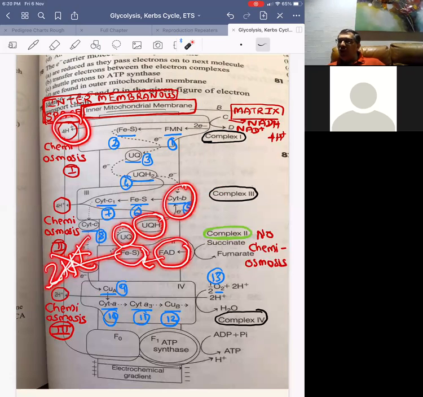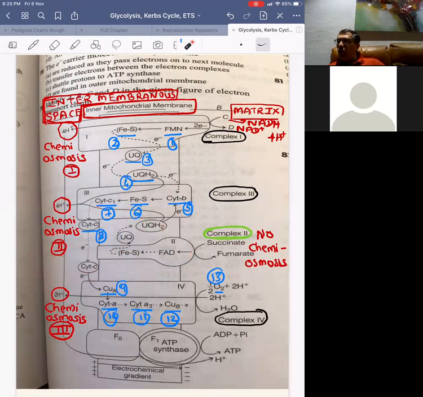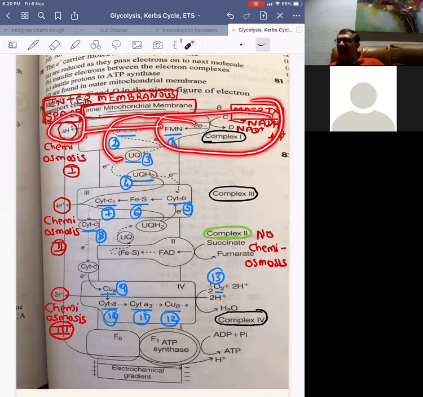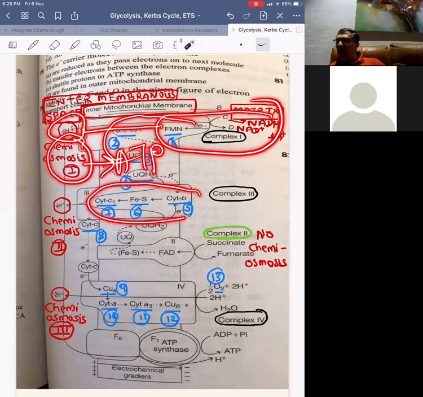अगर प्रोटॉन पुश आउट होता है, then it will form ATP by something called chemiosmosis. NAD to FMN प्रोटॉन पुश आउट हुआ, then it will undergo chemiosmosis, जिससे ATP बनता है. Similarly, between B and C1 प्रोटॉन पुश आउट होता है, which is called chemiosmosis 2, उससे ATP बनता है.